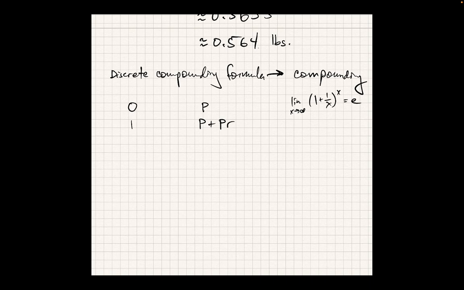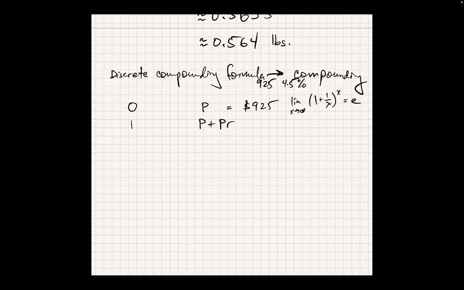So if we have $925 and a 4.5% interest rate, you open your account with $925, and then what happens at the end of year 1?